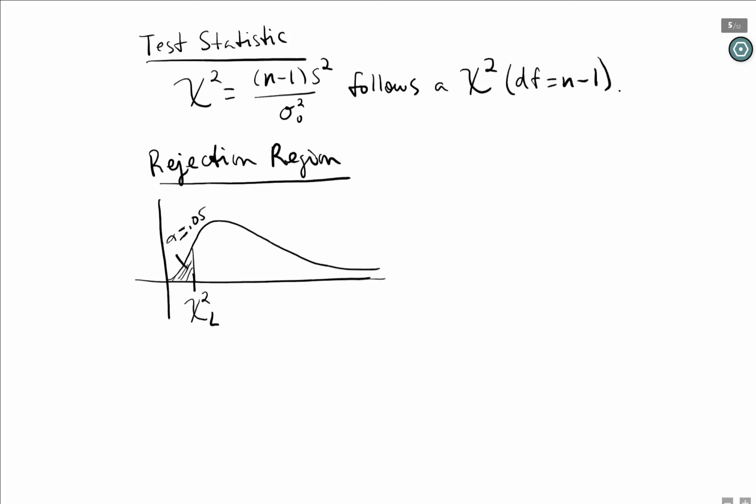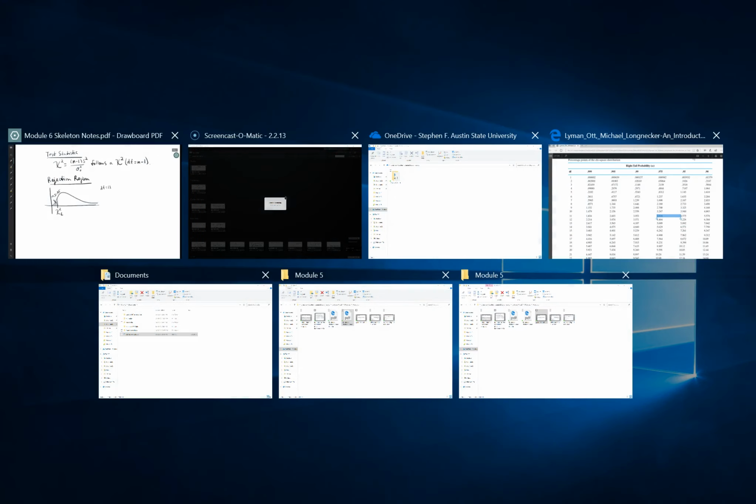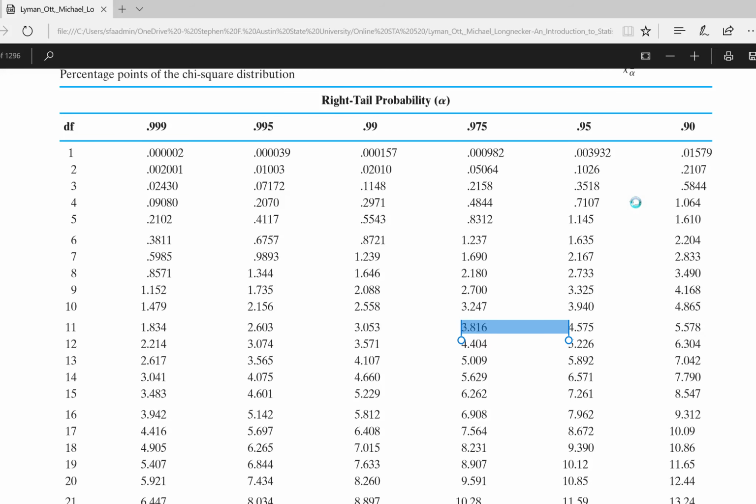I'm going to need to know my degrees of freedom. Again, the degrees of freedom here is 11. So I'm going to go to the chi-squared table. Here's our chi-squared table.